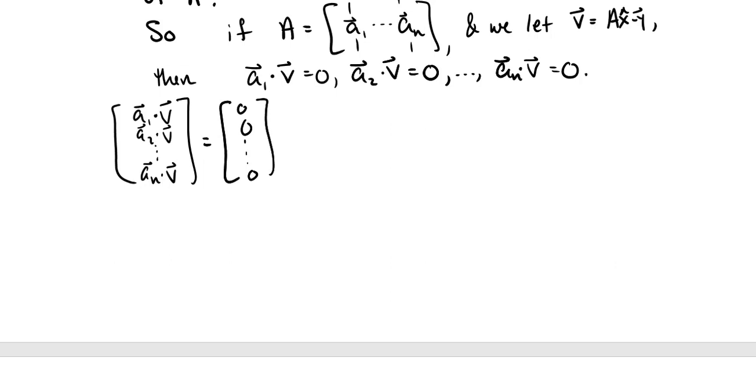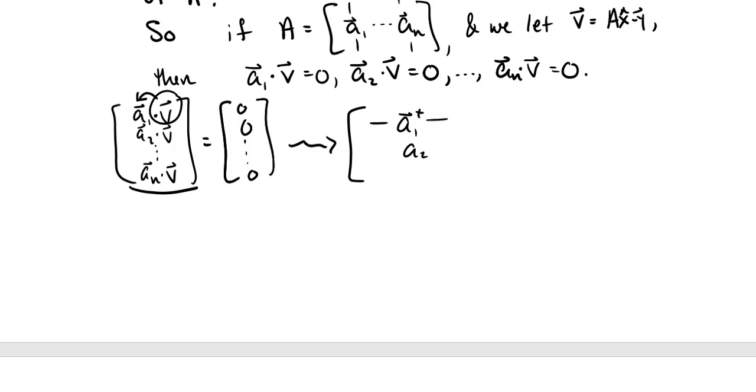And so what I want to see now is that if we think very carefully about what this is telling us, this column of dot products, remember this is the same as taking V and multiplying it by a matrix whose first row looks like this vector that needs to dot V. So I'm going to write A1 transpose. Since A1 is a column, A1 transpose will be a row vector.